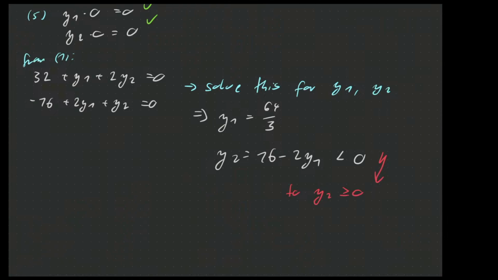2y2 is greater or equal to 0. However, these were the only feasible multipliers. We just get those, right? No other multipliers would satisfy the other conditions. And that means that can't be a KKT point where the x part is 4, 4, because we can't find suitable multipliers for that.